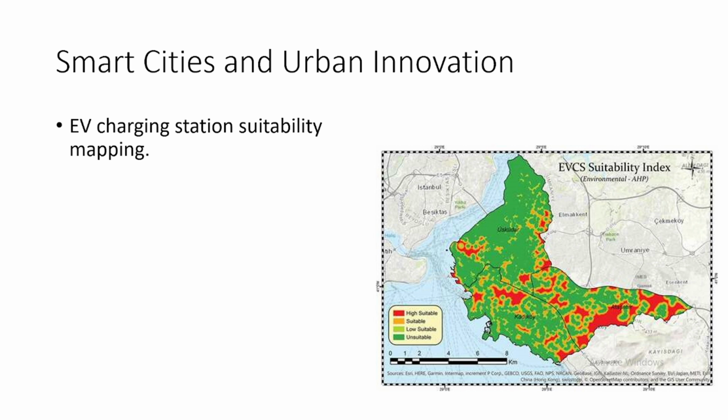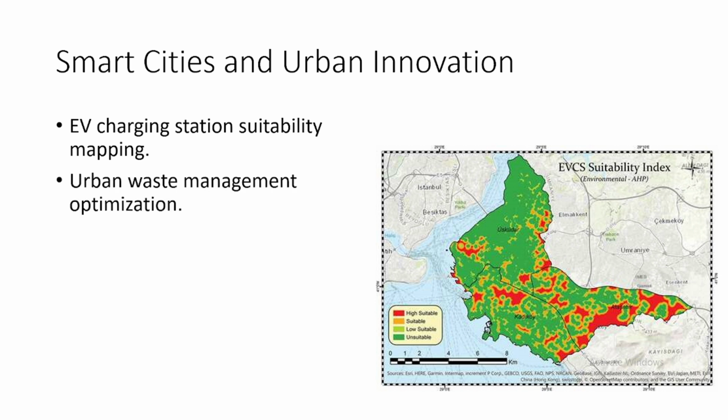Suppose in your city you want to identify where the highly suitable place for an electric vehicle charging station is, then suitable, low suitable, and unsuitable places. We just use different types of factors, and using these factors we can easily find the suitable places in your urban cities: high suitable, then suitable, low suitable, and unsuitable. Okay, so this type of thing we can easily find out using GIS and remote sensing techniques.